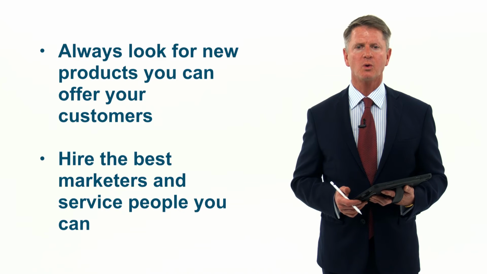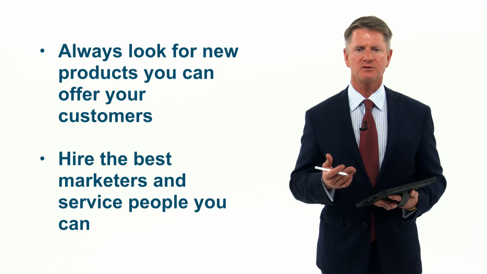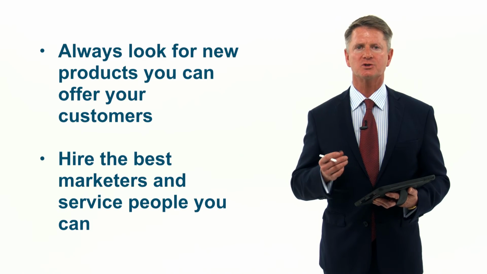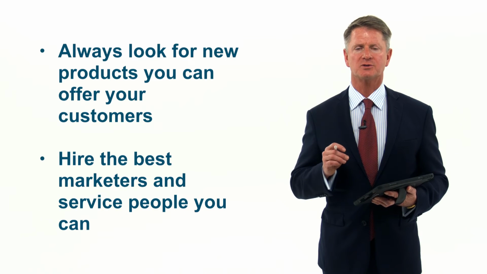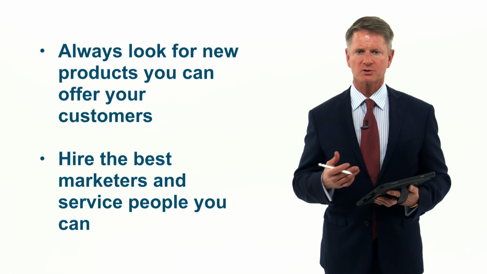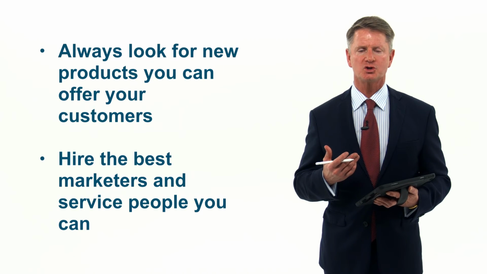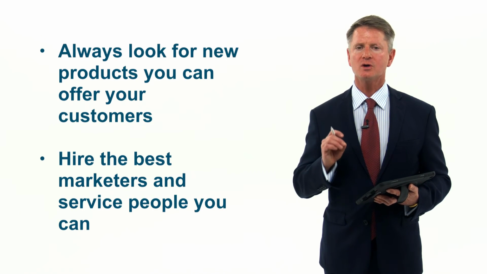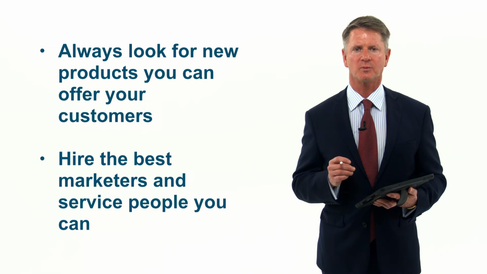So, when you are a differentiated competitor and you're trying to figure out ways to grow, look for new products that you can offer the current customers that you know so well. New products are more expensive, but because you're a differentiated competitor, you can pass those costs on to a customer.